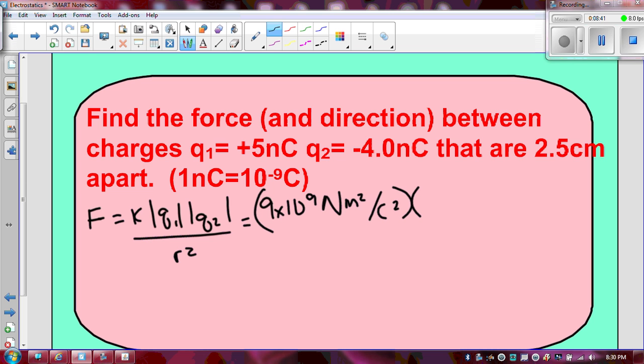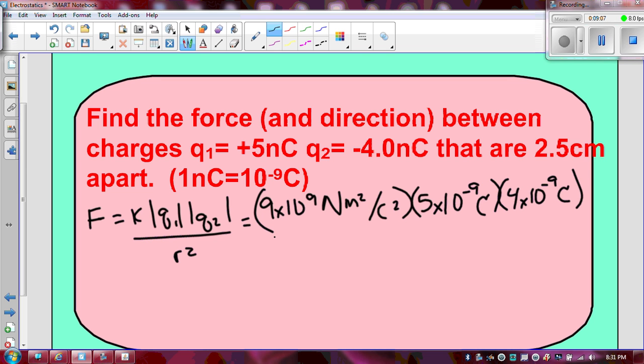Charge 1, Q1, it's positive 5, but it doesn't matter. It's absolute value, so positive or negative doesn't matter. I'm going to put 5, and then nano, changing that to coulombs, I just tack on times 10 to the negative 9th coulombs. And then my second charge is negative 4 nanocoulombs, but the negative doesn't matter because I'm just taking the absolute value. 4, and then times 10 to the negative 9th as well.